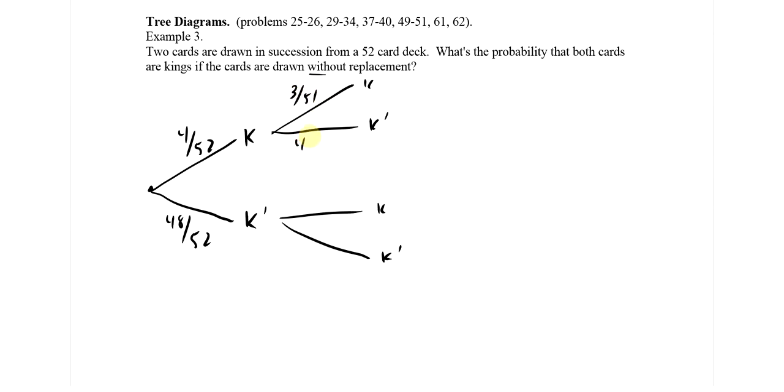And there's 48 cards that are not kings and 51 cards total. Here I've taken one card that's not a king out of the deck, so I still have 4 kings out of the 51 cards that are left, but I only have 47 out of 51 that are not kings. And I want to know what's the probability that both cards are kings. So both cards are kings. This is the only way to get both cards being kings.